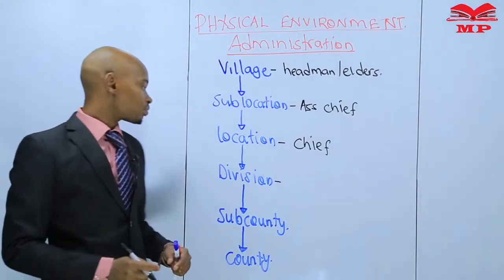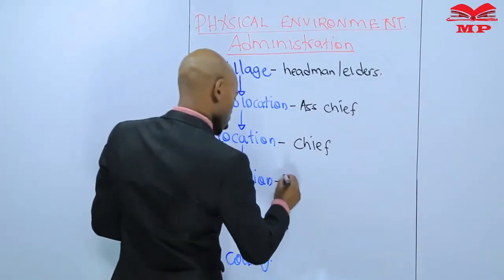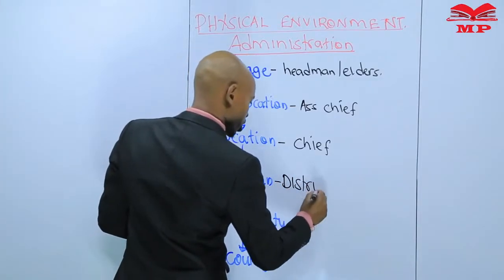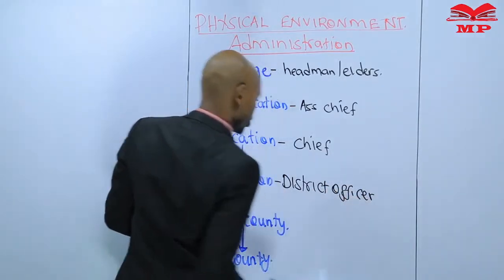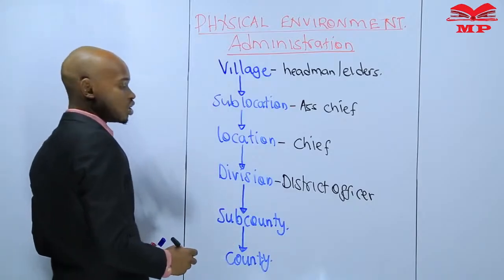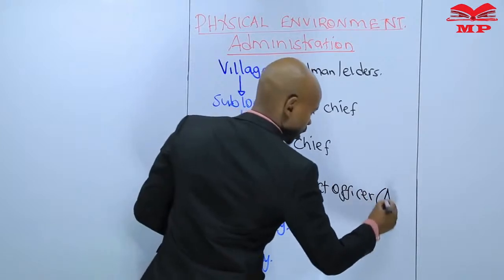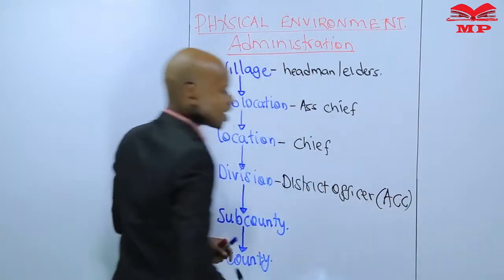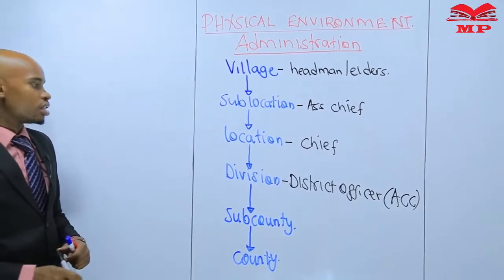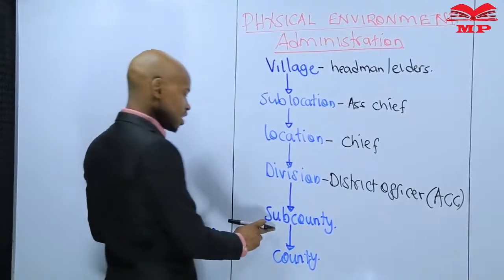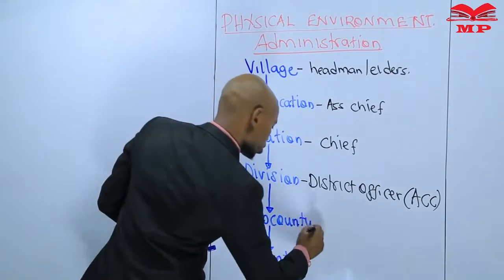That is a district officer, DO. But in the current dispensation, he is called ACC, Assistant County Commissioner. Then we have sub-county. Sub-county, we have Sub-County Commissioner.